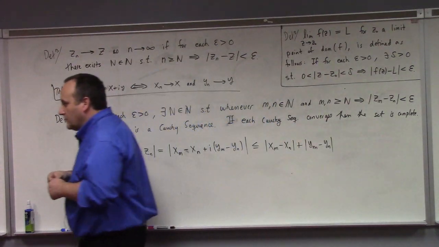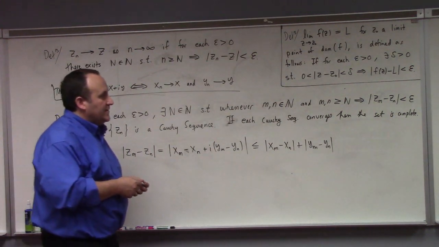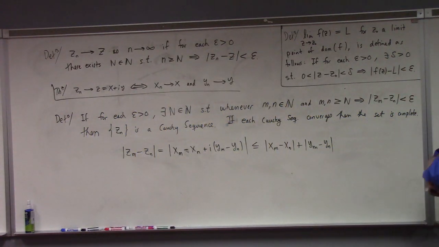Yes, sir? Is the domain of a function f a complex domain? Well, yeah, we're talking about complex functions. It's a subset of the complex numbers. And thus is always open and connected? Oh, no. That's a different use of the word domain. Good question. It is annoying, but it is true.